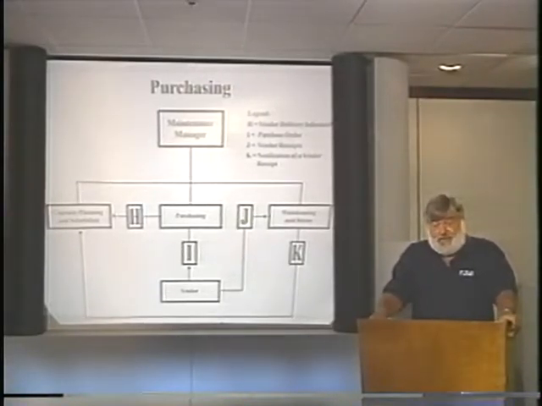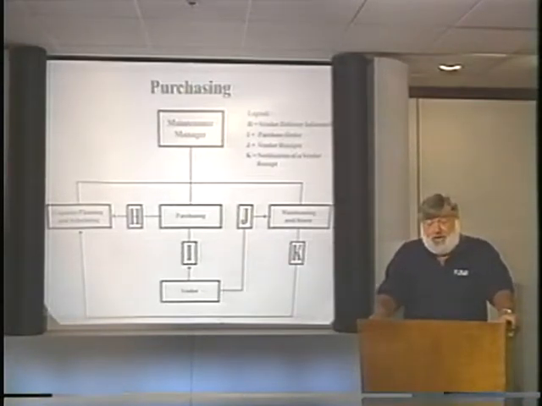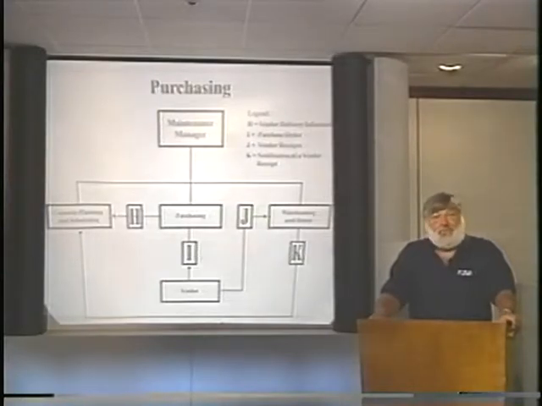And then we have actually issued the purchase order for spare parts, which is item I. And through the vendor shipping process, we receive that material into the storeroom. And ultimately, item K out of the storeroom indicates notification of the item.